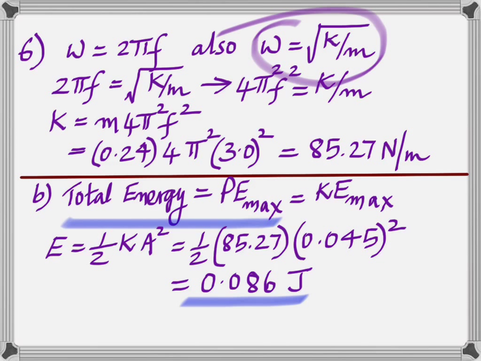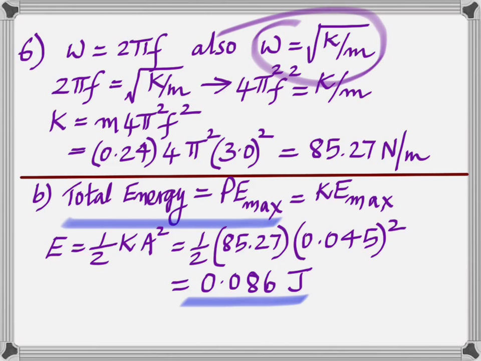Number 6, it's quite important to remember that omega is square root of K by M, and also omega is 2 pi f. So you can put them both together. In fact, that's how you get the formula for frequency, and then make K the subject.